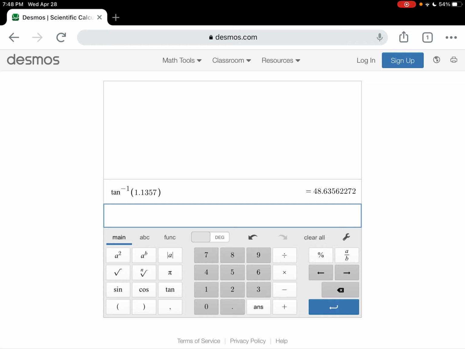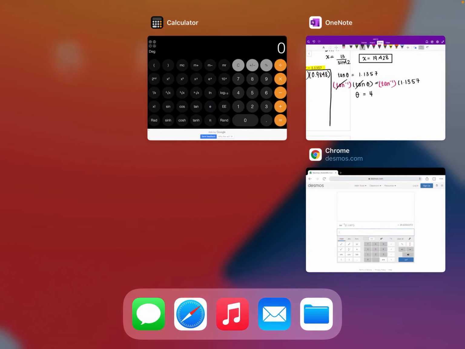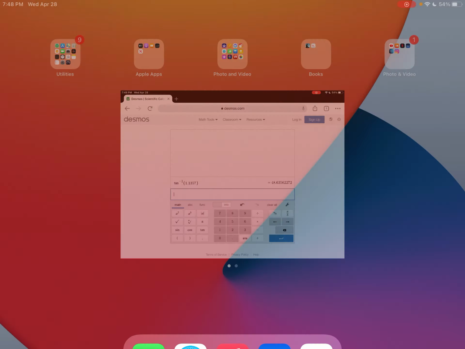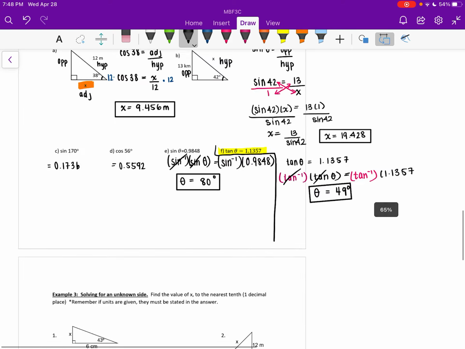So this is tan inverse, so it's going to be 48.363. I like to just round to the nearest decimal place or to the nearest whole number. So I know theta is going to be 48. So it'll be 49 degrees. And always put the degrees there. So I know theta there is 49 degrees.